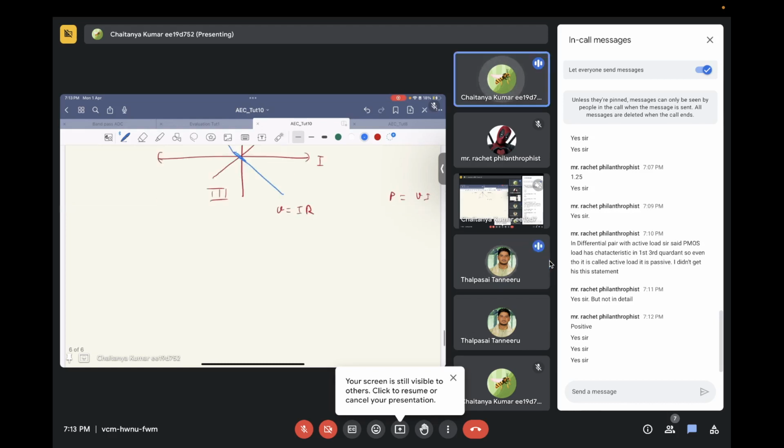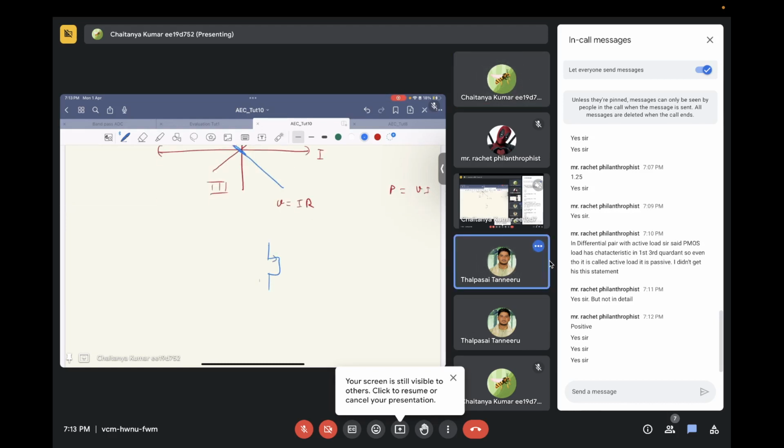Now, as far as this particular circuit is concerned, there is VDD.